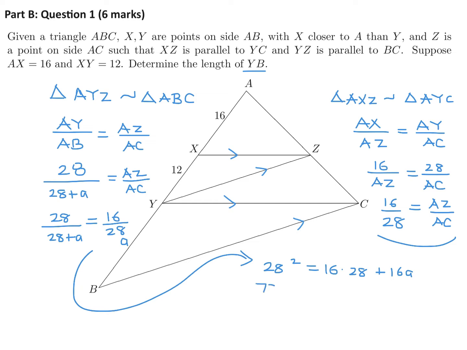So that's going to be 784 is equal to 448 plus 16A. So 16A is equal to 336, and then dividing through, we get A is equal to 21. Since A was what I used to represent YB, YB is 21.